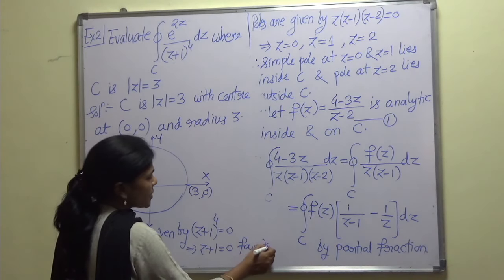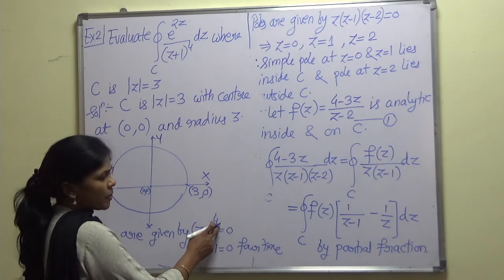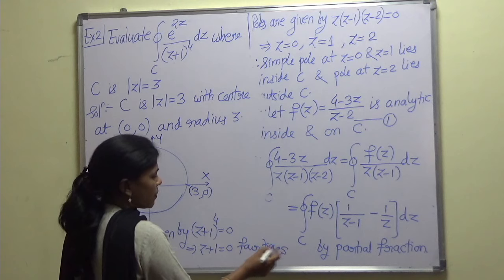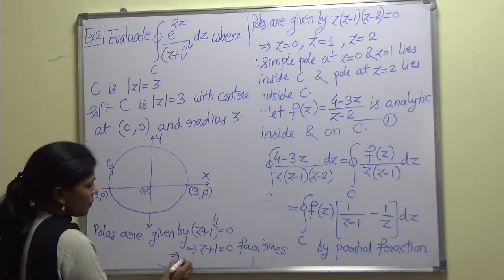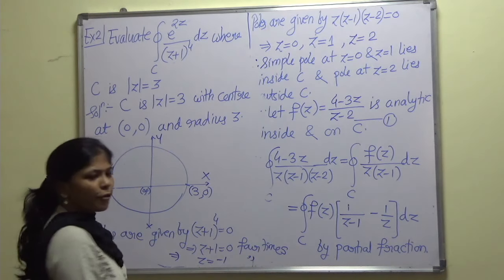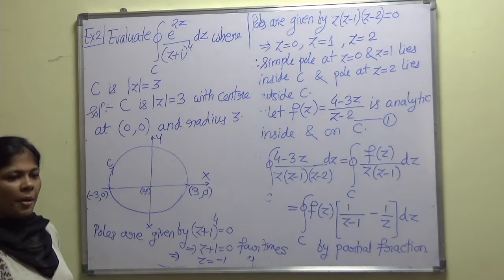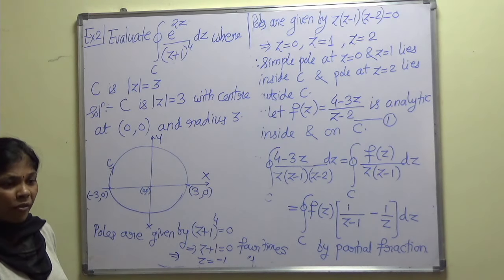Why 4? Because we have z plus 1 to the power 4. And this gives you z equal to minus 1, again 4 times. So how many times do we have z equal to minus 1? It occurs 4 times.